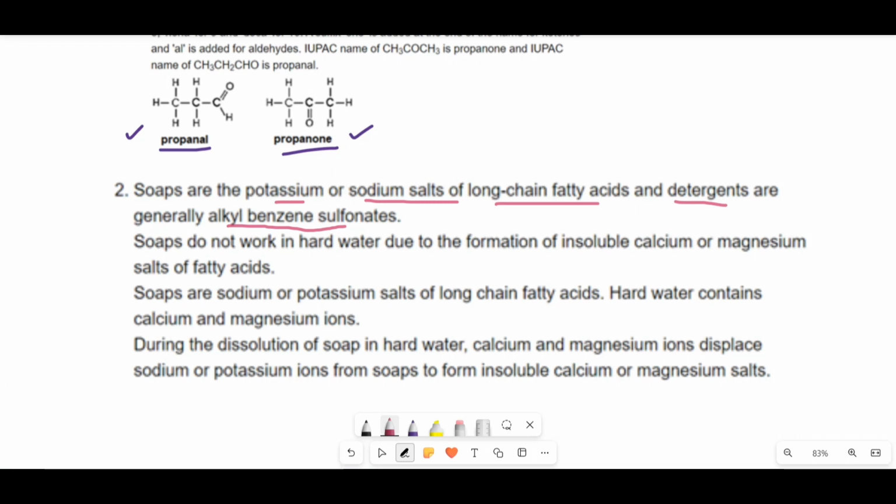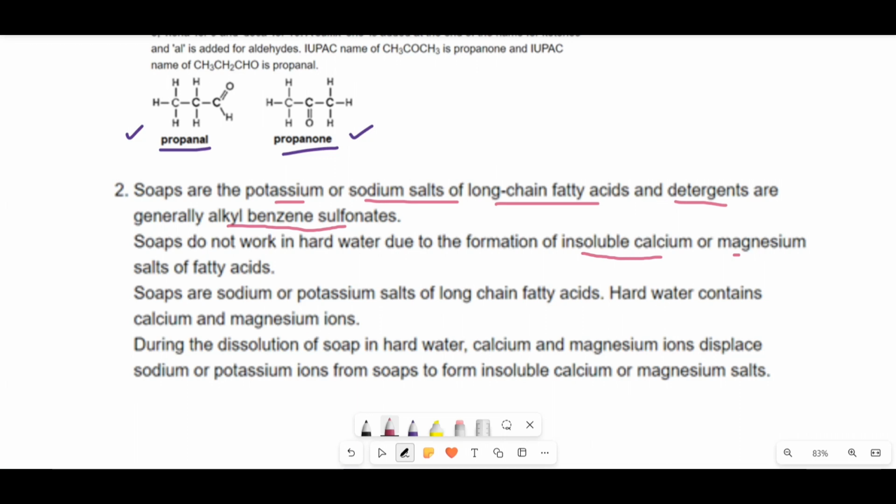Now, soaps do not work in hard water due to the formation of insoluble calcium or magnesium salt of fatty acid. Because hard water contains calcium and magnesium ions. So when you dissolve soap in this hard water, it will form some insoluble substances. Those insoluble substances are the precipitates of calcium and magnesium salt of this fatty acid. Okay.